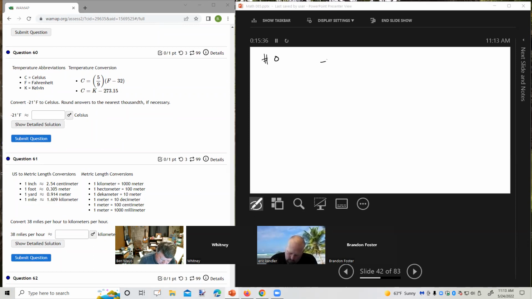Okay. Negative 21 degrees Fahrenheit to degrees Celsius. So Celsius equals 5/9 times F minus 32. So C equals 5/9 times negative 21 minus 32.